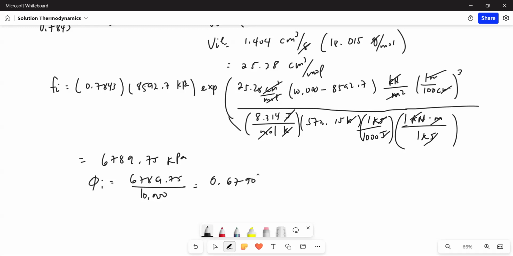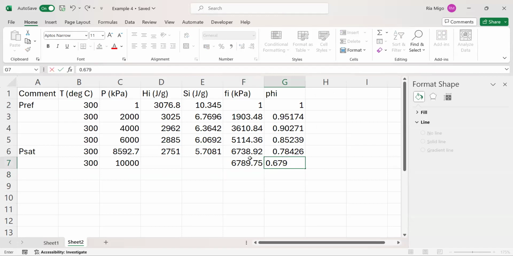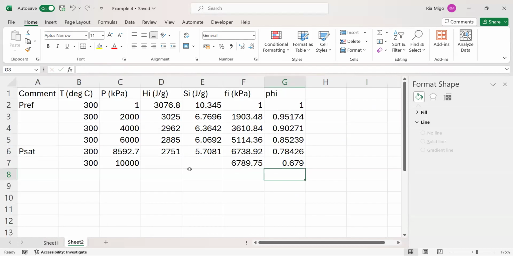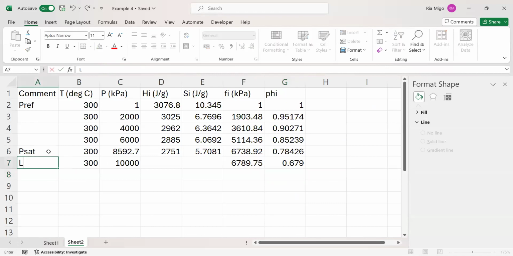So we write that back into our Excel table, 0.679. Let's check here if it's correct. P is 6789.67. Yeah, it's correct. And this one is liquid.